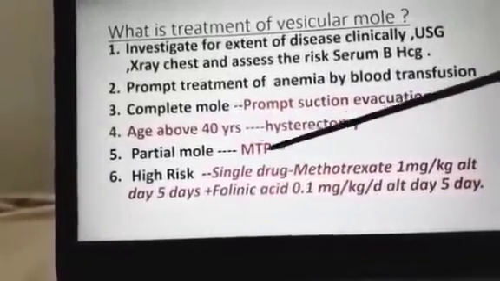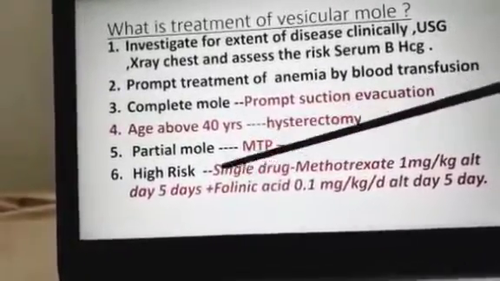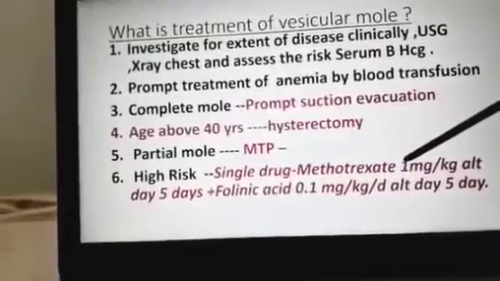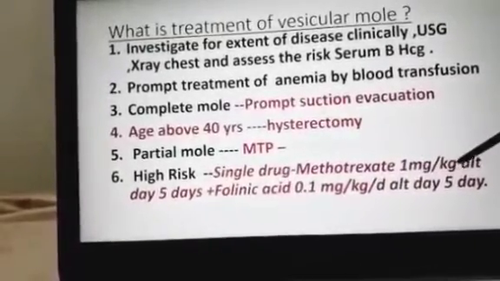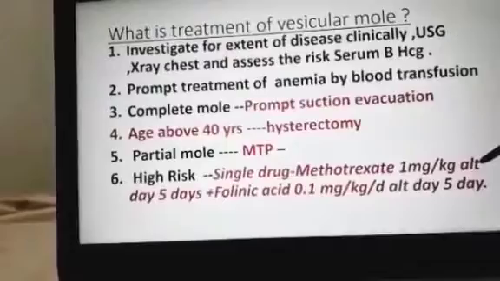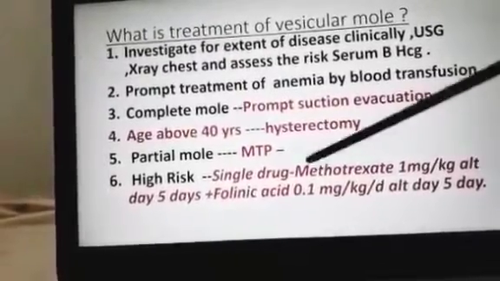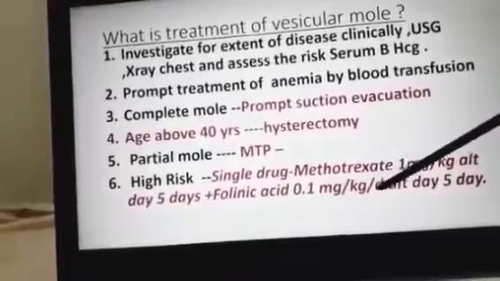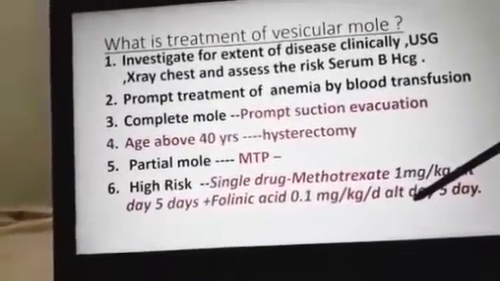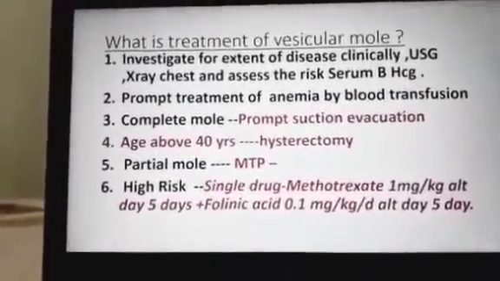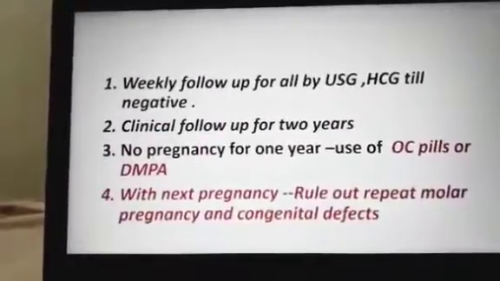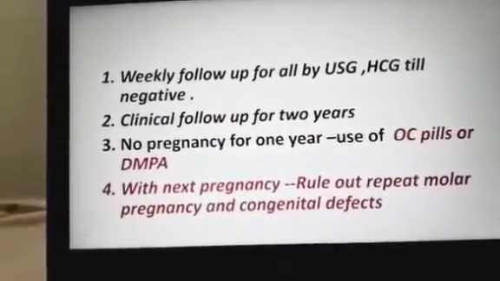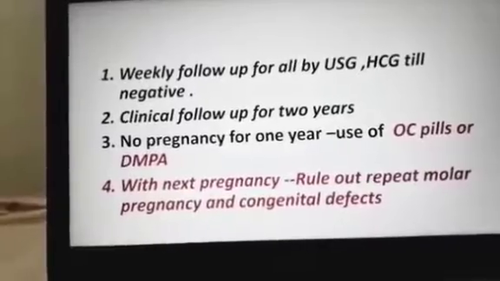Partial mole, MTP is done. High risk cases, single drug methotrexate 1 milligram per kg body weight, alternate day for 5 days, along with folinic acid 0.1 milligram per kg body weight, alternate day for 5 days is given.